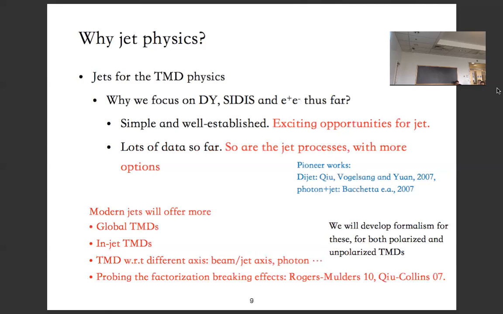All those things can be predicted to very high accuracy, so any deviation from the data will tell you it's a factorization breaking effect. With this, we are not going to argue something, but rather test it against the experimental data to nail down whether it is there or not.